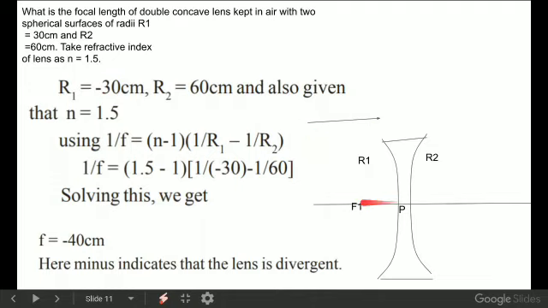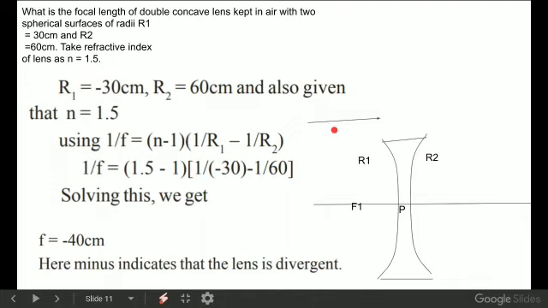Now see, we measure the first radius of curvature from optic center to first focus in the opposite direction. These light rays moving left to right, and we measure the first radius of curvature, that is from P to F1 in the opposite direction. So we must take this R1 negative. And next radius of curvature 2, R2, we measure from optic center to F2 along the direction of the light that we have taken.